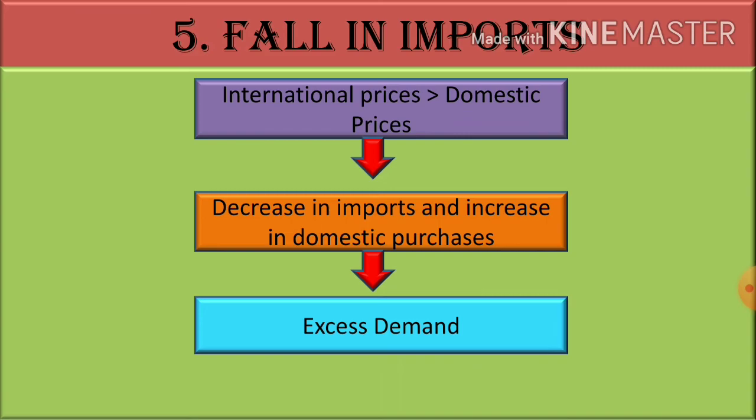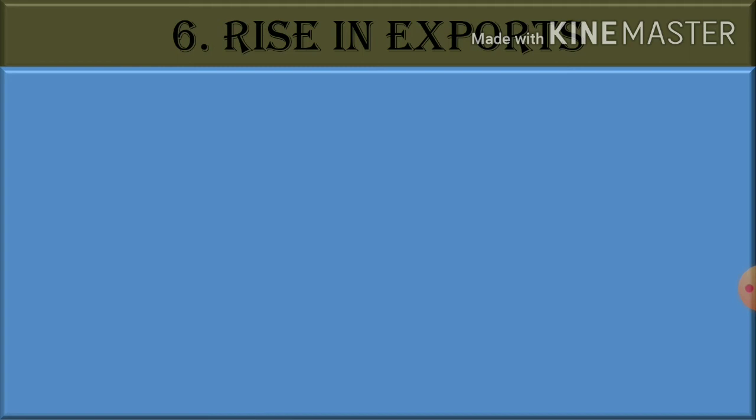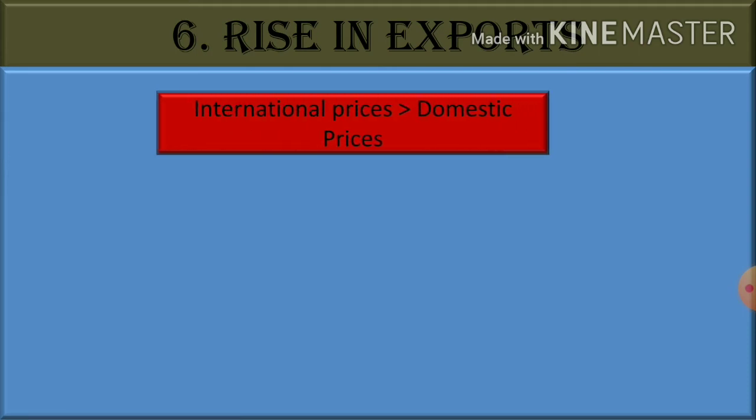Okay, now the next reason that we are going to discuss here is rise in exports. Rise in exports, what is that? The same thing is here, that international prices are greater than domestic prices. If this will be the situation in the economy, then what will happen?